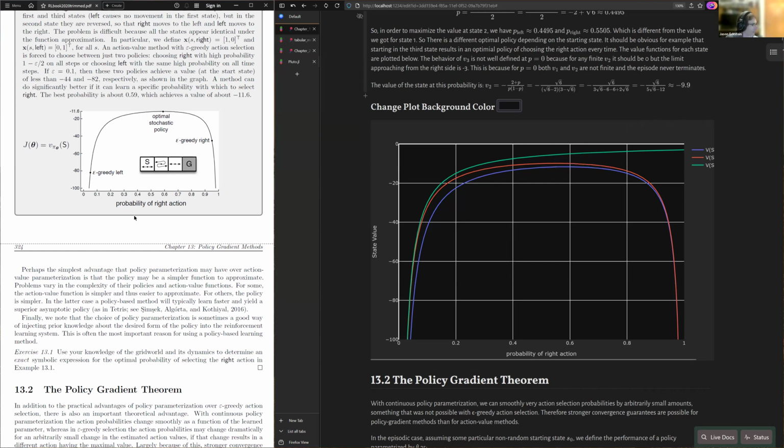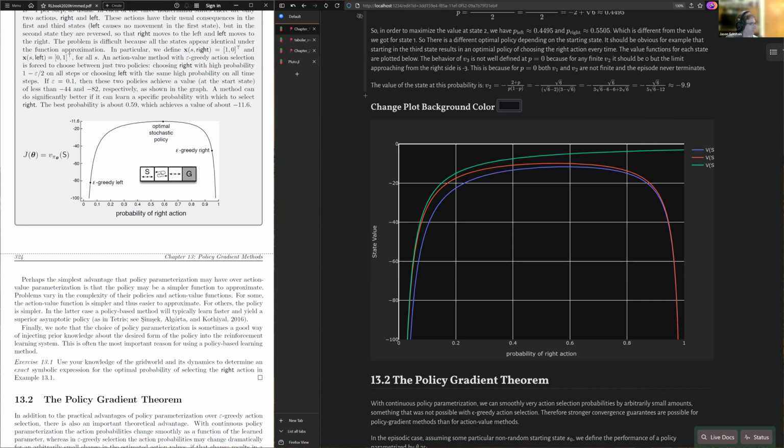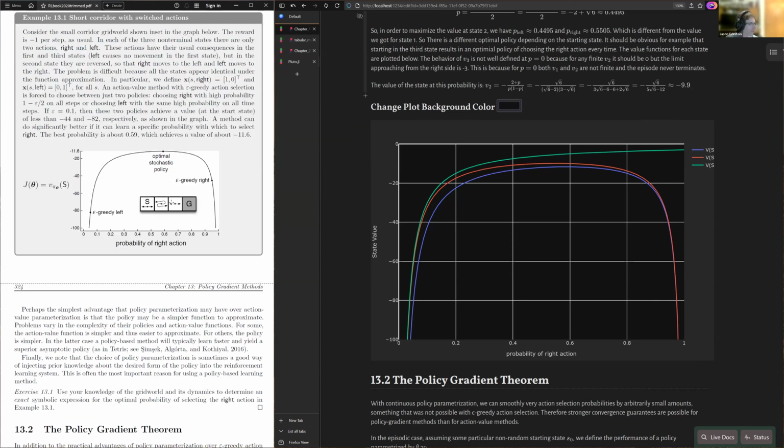So I don't know how much intuitive sense that makes. I mean, it should be obvious that starting in this state, the optimal policy is totally different. But from here to here, I guess, yeah, it makes some amount of sense. But it depends on the distribution of when you expect to end up in states. But it's basically saying that, remember, this is the switch state.